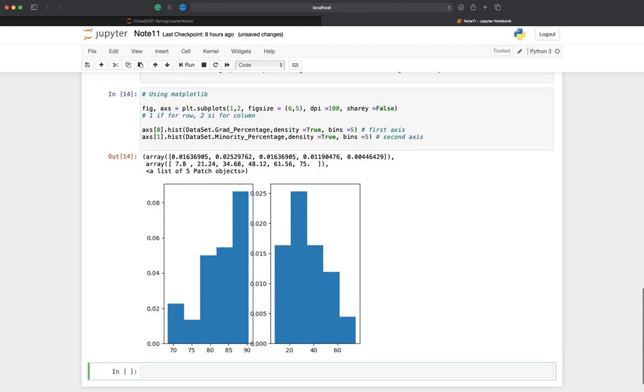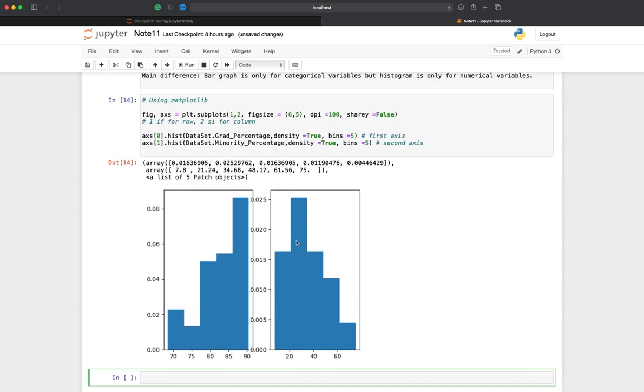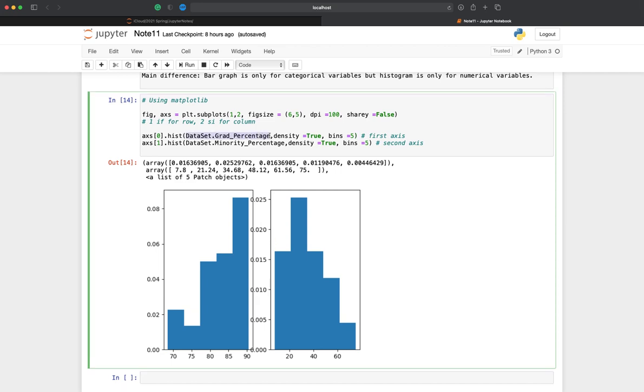Okay, am I done? Yes, I'm done. So what I did, I created this graph and this graph. One is the percentage for graduation. This is minority, right?